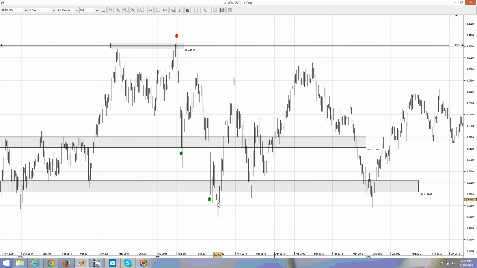Then the support is broken, and now everything above turns into resistance. So we would like to try put options on the day the market goes into resistance. When the market squeezes again to the downside and breaks the resistance level here, we buy the put options on this candle.